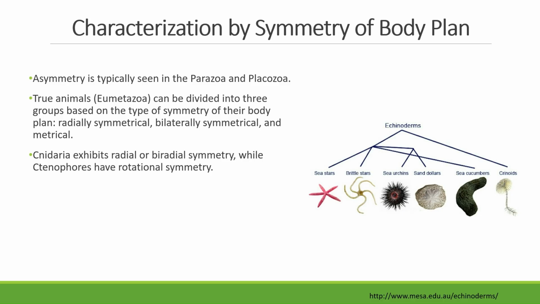As we cover each of these groups here and in the future presentation, take note that symmetry types are body architectures and they don't represent a ladder of progress. Instead, they represent different solutions to ecological and developmental challenges. You see, for example, our sea sponges, they don't need bilateral symmetry.